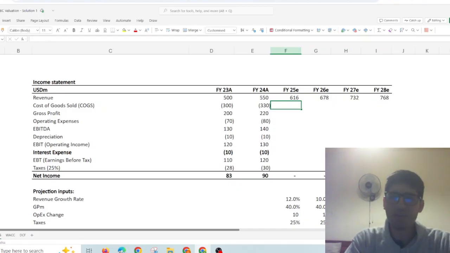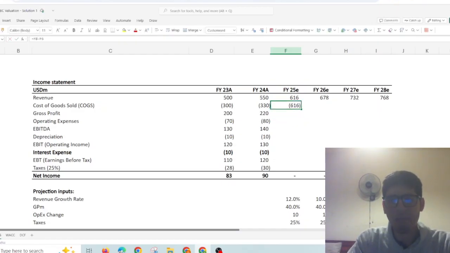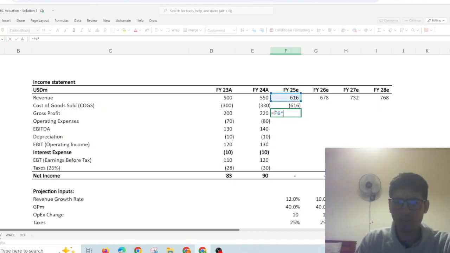So the cost of goods sold, you should know this formula. It is the gross profit minus the revenue. You will get the cost of goods sold. But first of all, let me find the gross profit. The gross profit is the revenue times the gross profit margin.